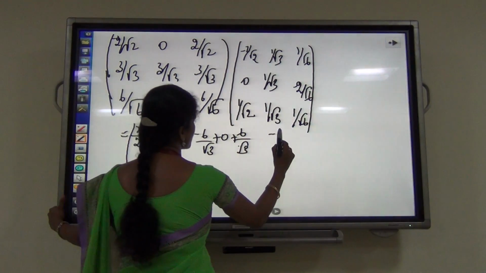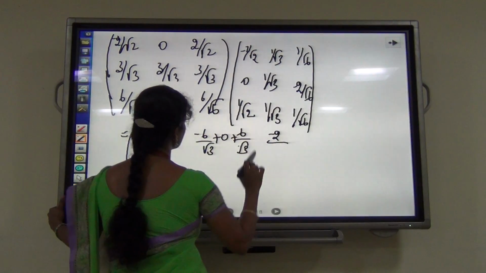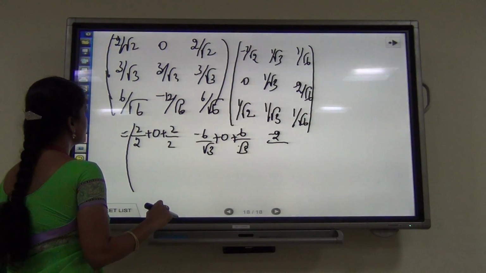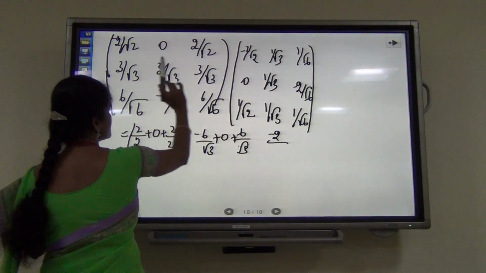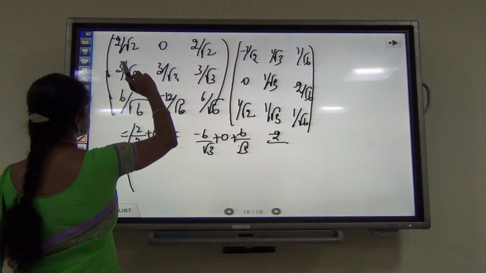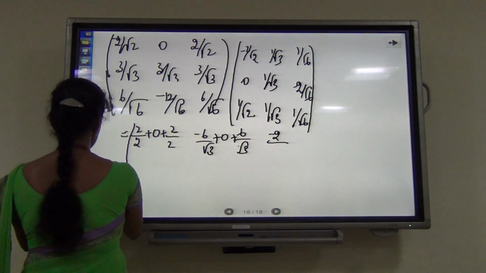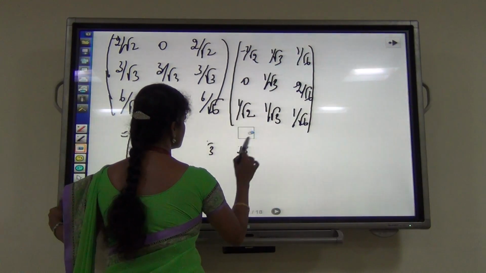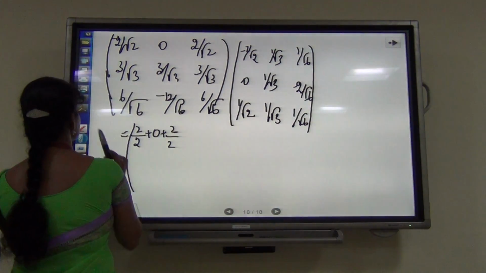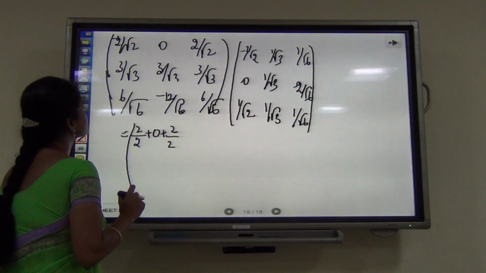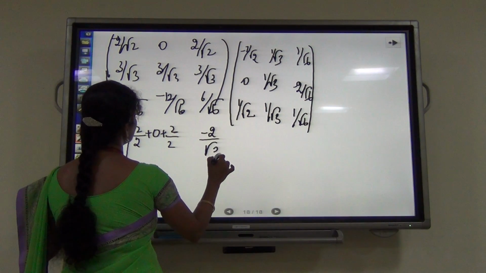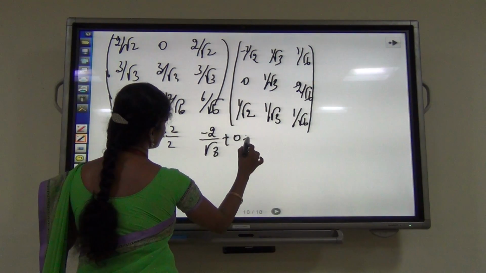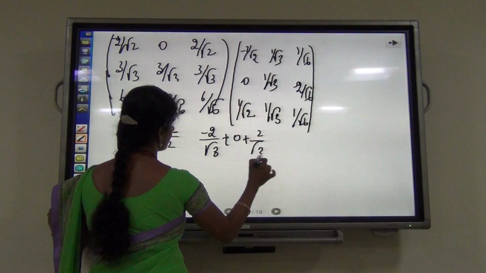And here it is minus 2 by root 2 into root 6. What do you get? Here it is first row with the second column, we get minus 2 by root 6. Yeah, it is minus 2 by root 3 plus 0 plus 2 by root 3. Yes, it's right. 2 by root 3.